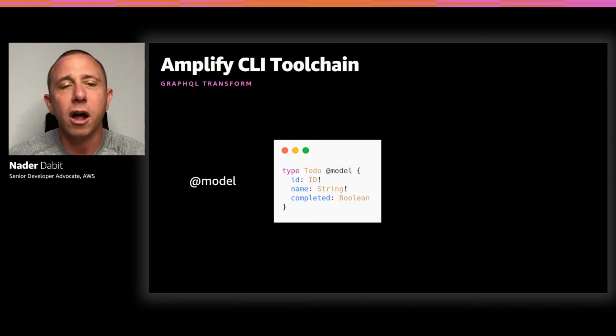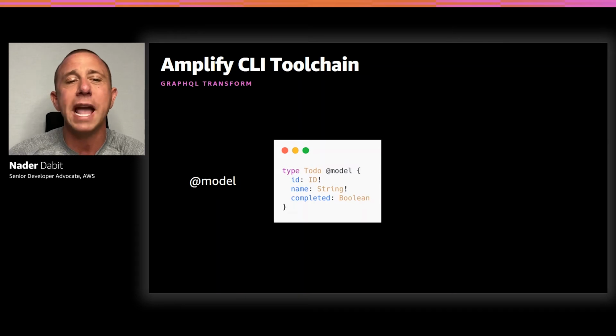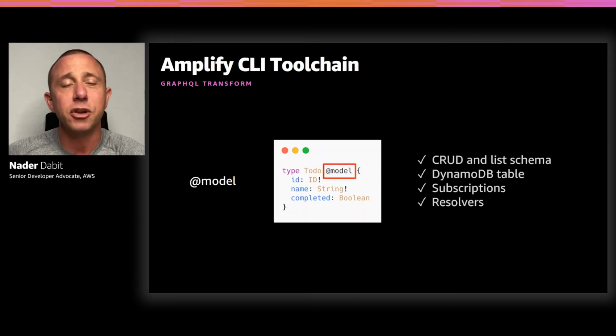You also might want GraphQL subscriptions. So you can either write all of this from scratch, but if you use the @model directive, it will actually do a lot of this for you. The @model directive will look at a base type, and it will automatically add all of the CRUD and list schema that you would need. So it will create definitions for create to-do, update to-do, delete to-do, and list to-dos. It will also create the DynamoDB table for this to-do, so you will have a to-do table.